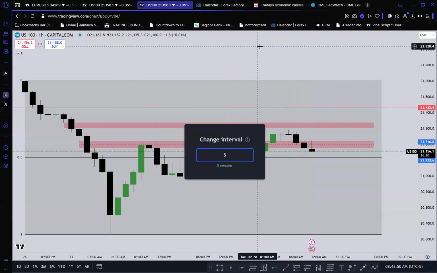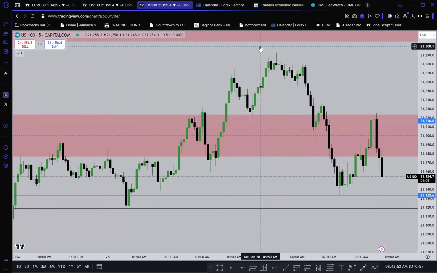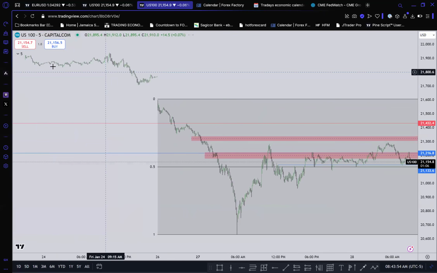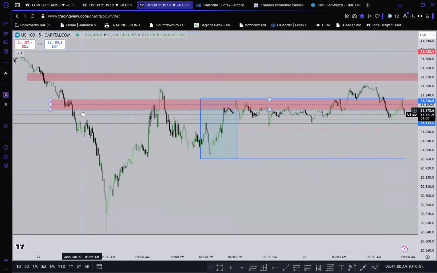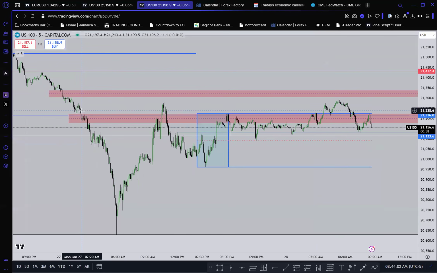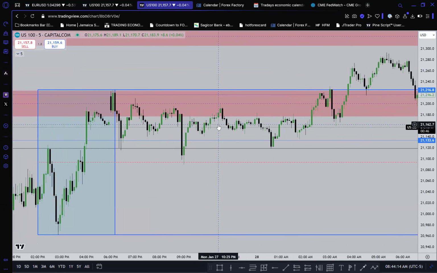Now I need M5. Dropping down into M5. Good book says I should keep something like this on my chart. Now this is nudging me that there is efficiency inside here, except right here, right at this displacement. So let me just bring it closer.